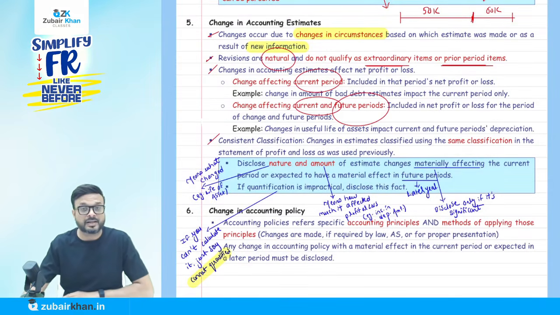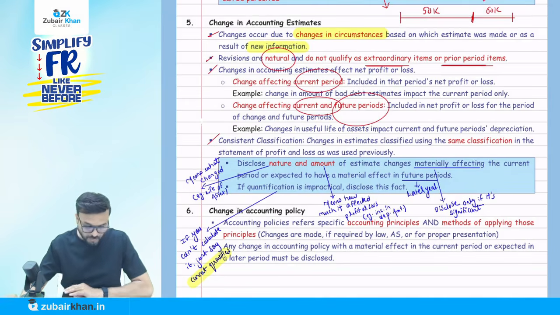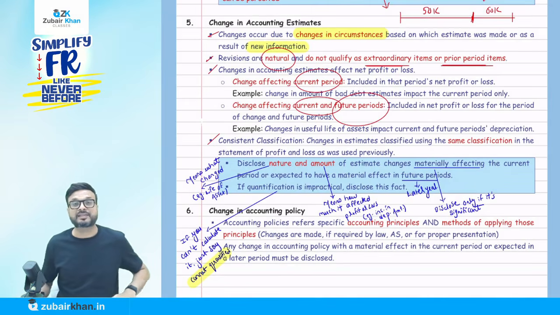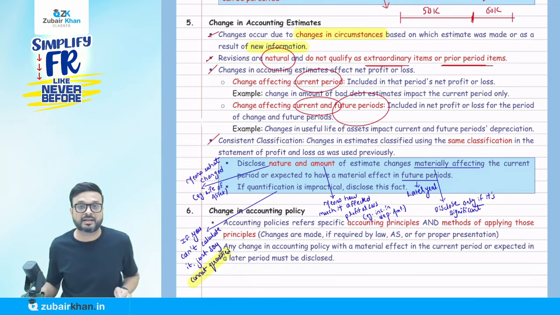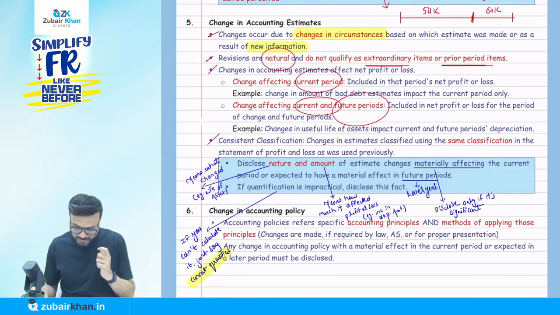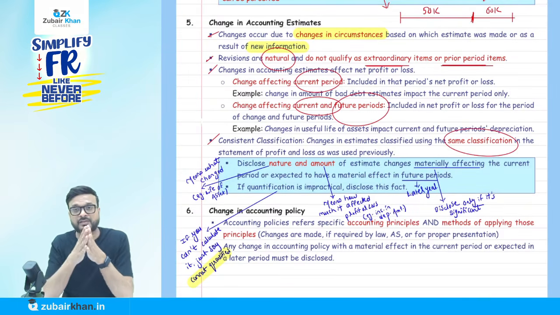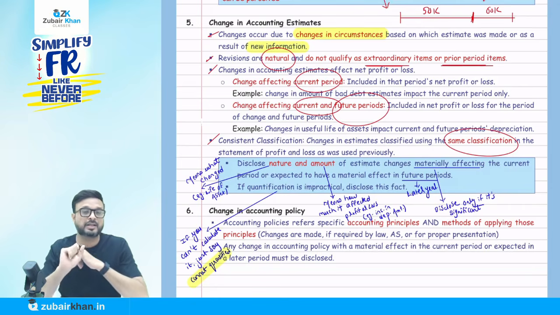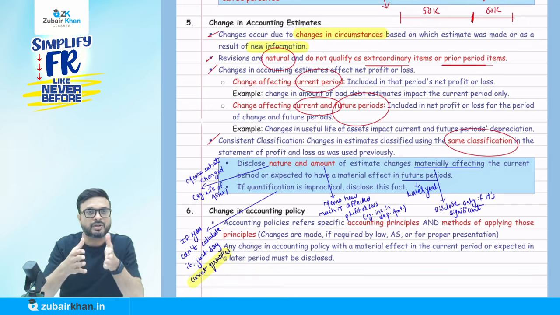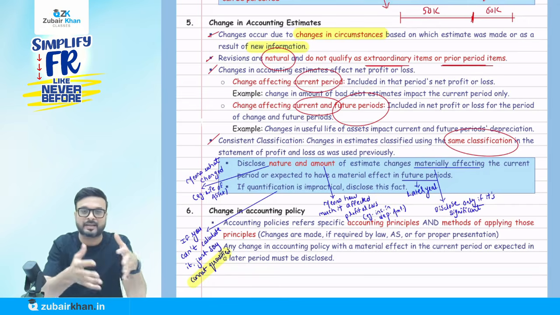Next one: consistent classification. What does consistent classification mean? It says that changes in estimates are classified using the same classification. We have done some classification in the past. For example, if there is a change in the accounting estimate of the life of the asset, it is going to affect my depreciation, so depreciation stays under the category of depreciation.